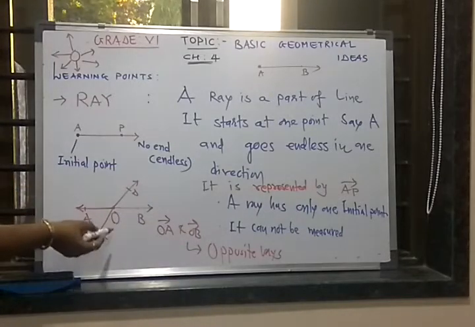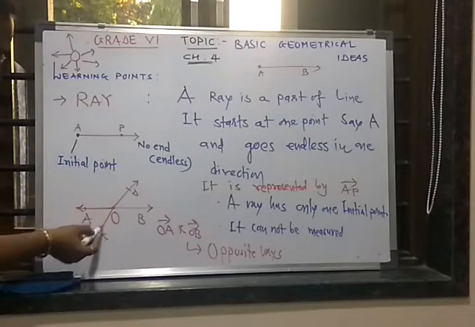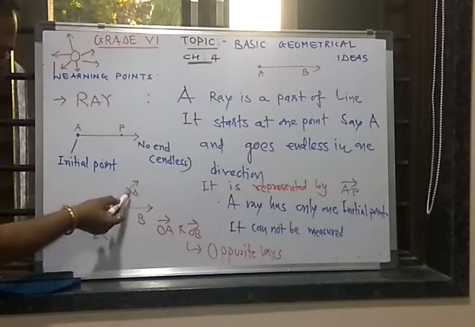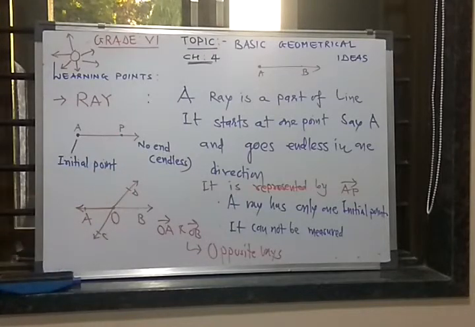Similarly, you can write opposite rays, ray OC and ray OD. They are also known as opposite rays. So here I think you have cleared the concept of point, line segment, line, ray, intersecting lines, parallel lines. Okay.